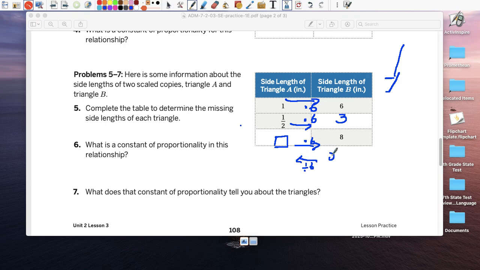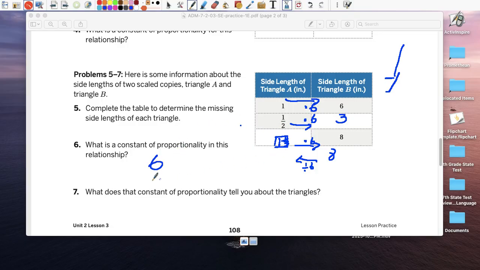So take a calculator and go 8 divided by 6, and you get 1 and 1/3. I'll write that, and I'd rather you leave it as 1 and 1/3 than 1.33333.